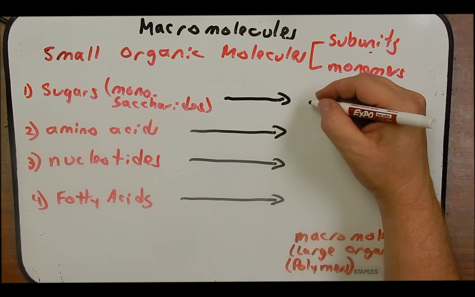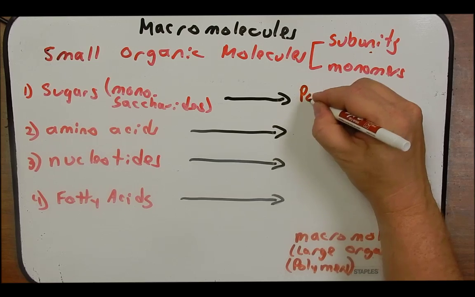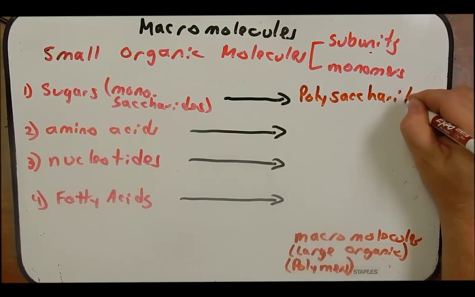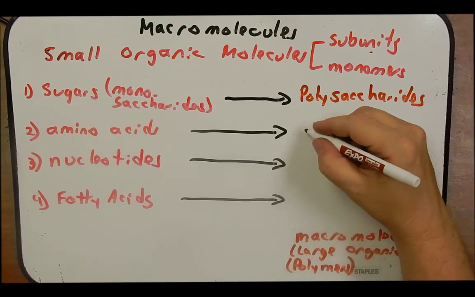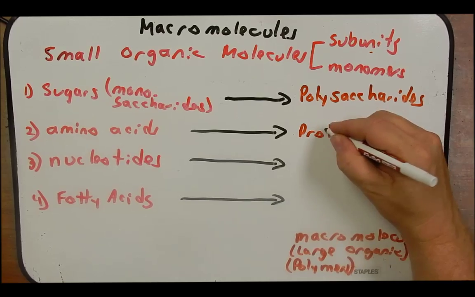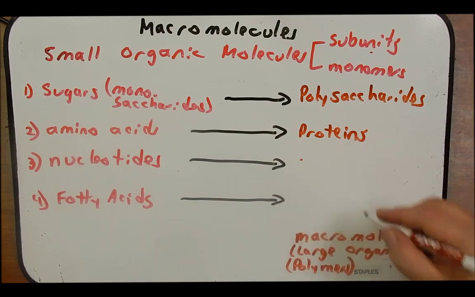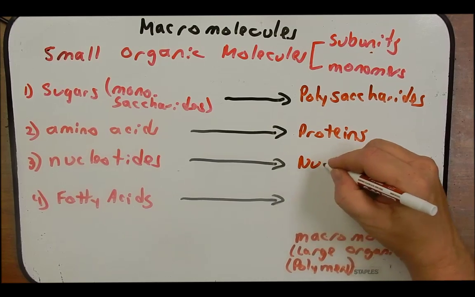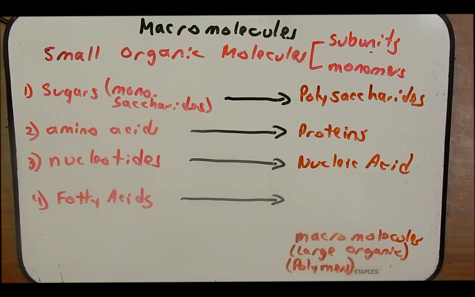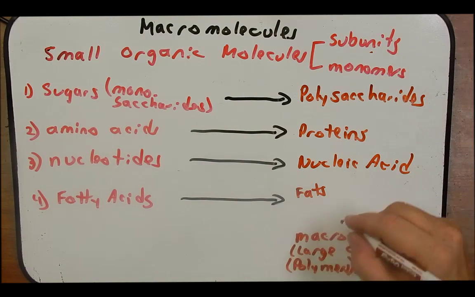Sugars, under a reaction, can form large polymers called polysaccharides. Amino acids, through a reaction with each other, can form proteins. Nucleotides, they form the macromolecule nucleic acid. And fatty acids can form fats and lipids.